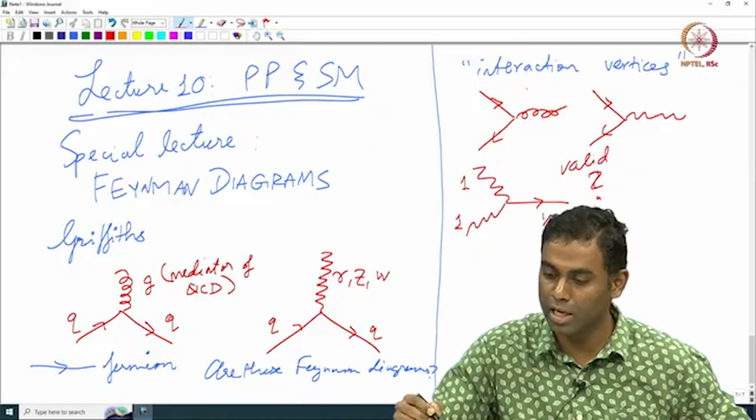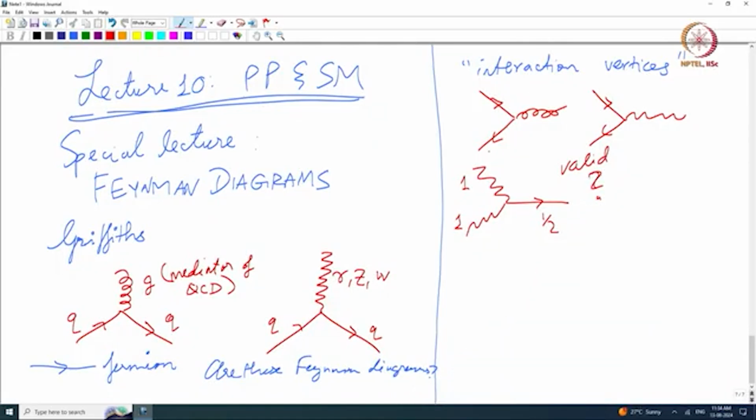So, look at the diagram above carefully. There were two fermions that were connected up to a spin 1 boson. So, that was fine. I could even do this, I can connect two fermions to a scalar particle. This is how you draw scalars, with a dashed line.